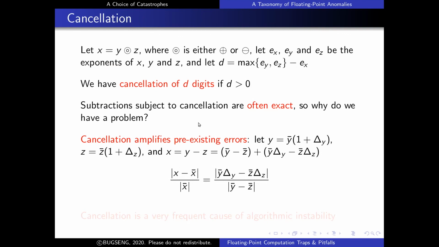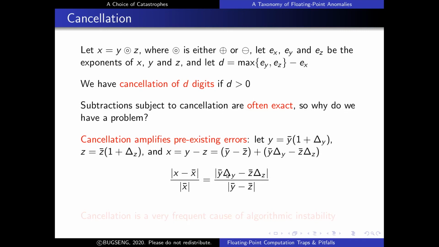Well, if you do a little bit of rearrangement, you find that the relative error on x is this thing divided by the real value of y minus the real value of z. And if this is very close, this is a division by a very small number.